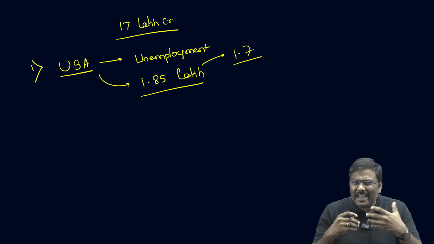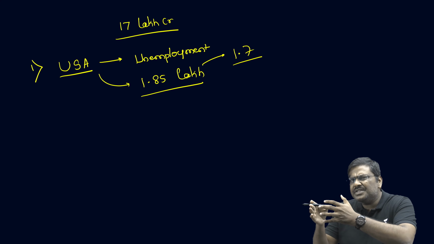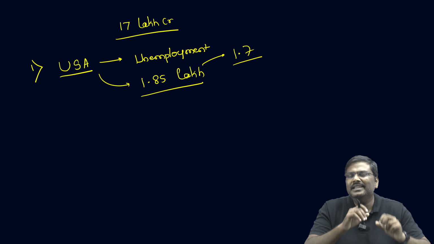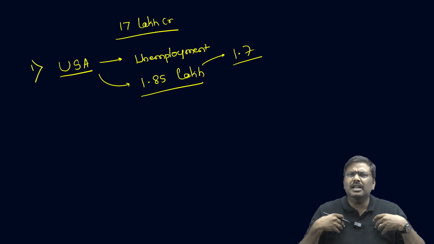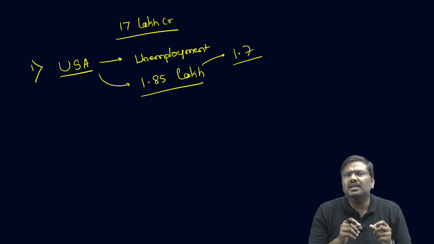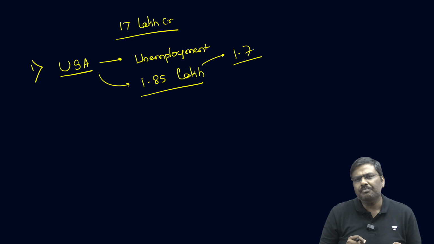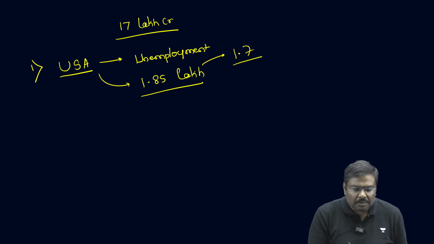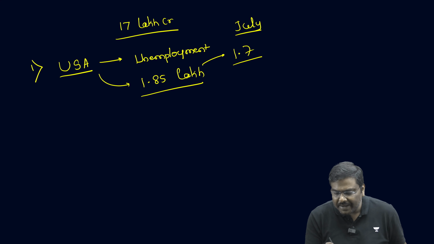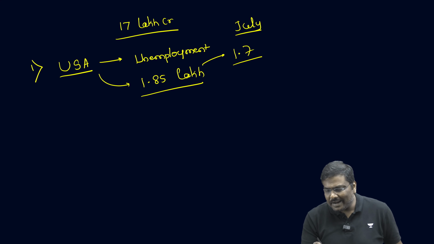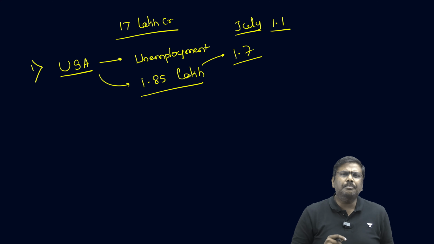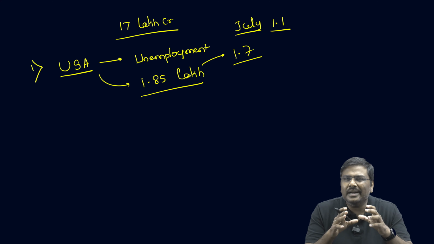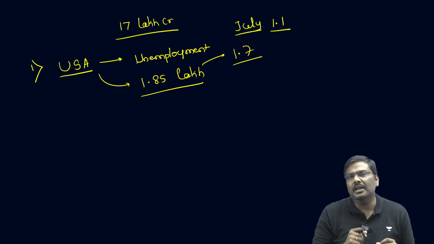So it was only expected that more number of jobs would be created for the people in the USA market, and that would provide a good indicator regarding the performance of the economy. But as opposed to this, for the month of July, the number of jobs which have been created is somewhere around 1.14 lakh jobs, which essentially means the market in the USA is not performing very well.